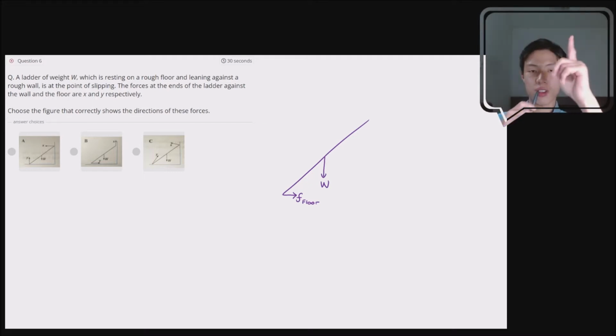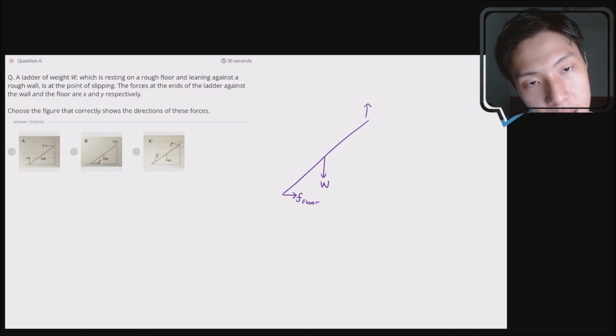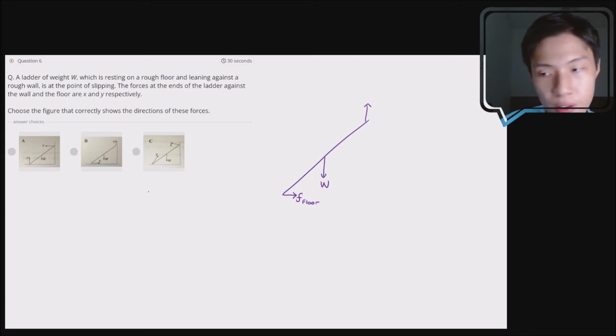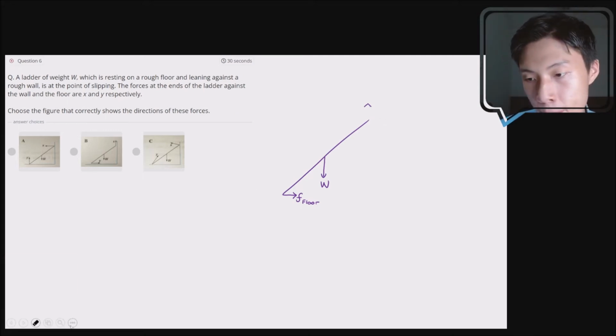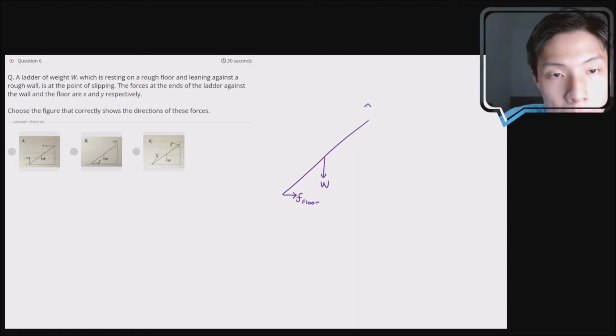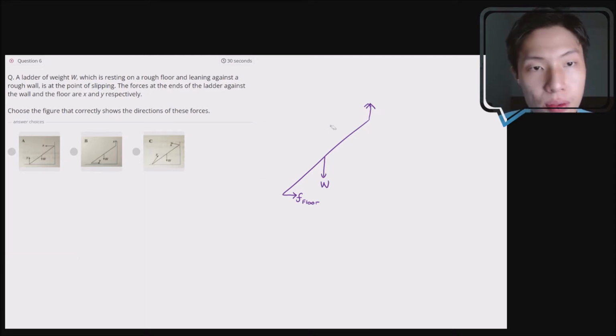So it should be pointing upwards. So this is the frictional force exerted by the rough wall.